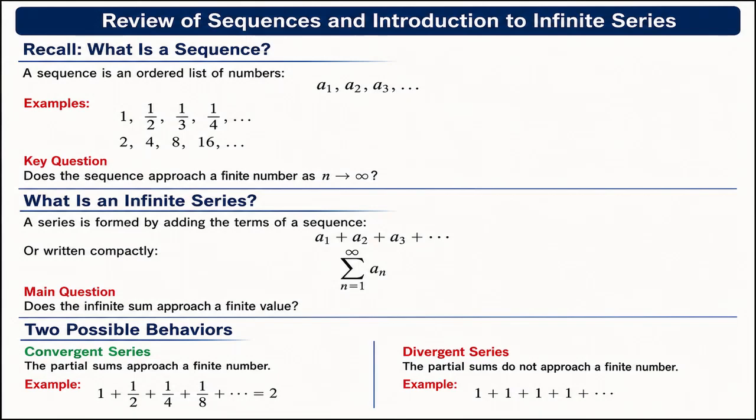There are two possible behaviors. First, a convergent series. This means the partial sums approach a finite number. For example, 1 plus 1/2 plus 1/4 plus 1/8 and so on approaches 2.